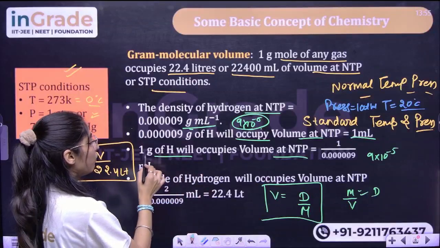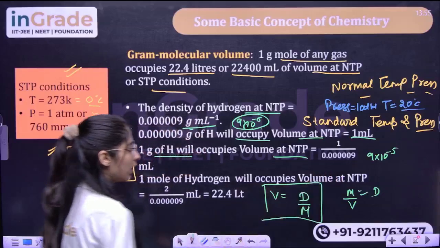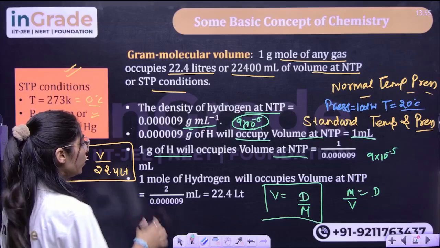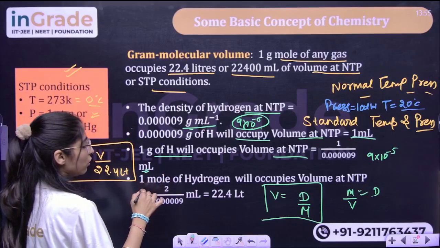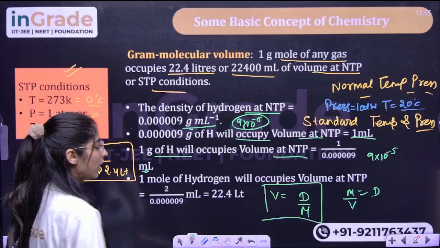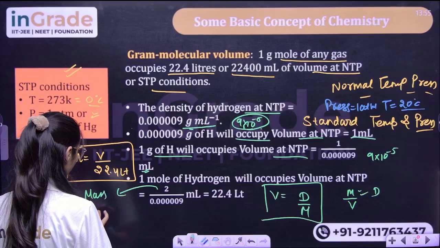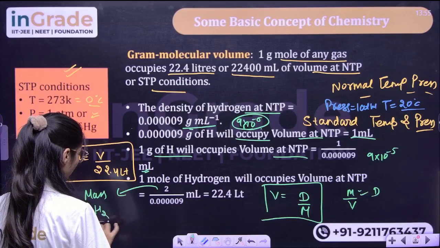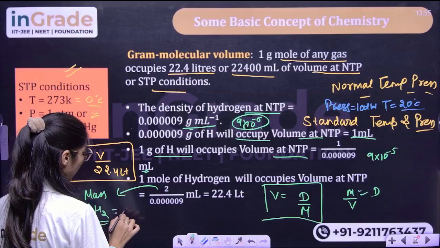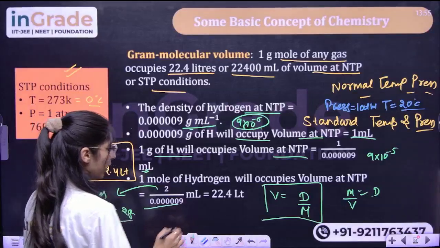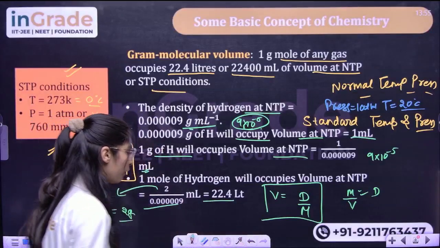If we are talking about 1 gram, we will write it like this. But we want to calculate in terms of moles. So 1 mole of hydrogen will occupy, taking the mass of the H2 molecule as 2 gram. If you divide 2 gram by this, you will get 22.4 liter.